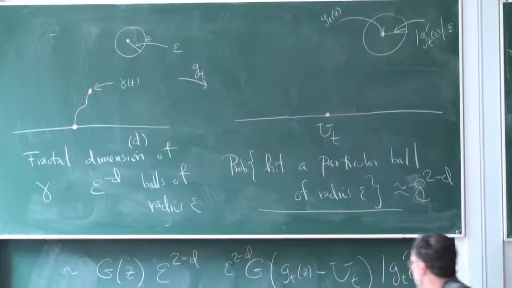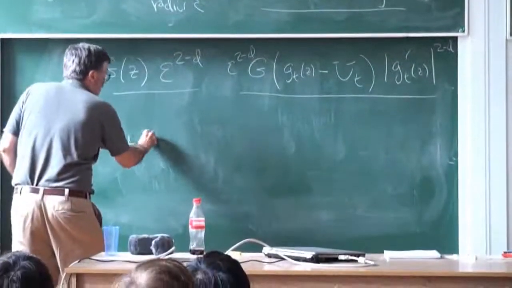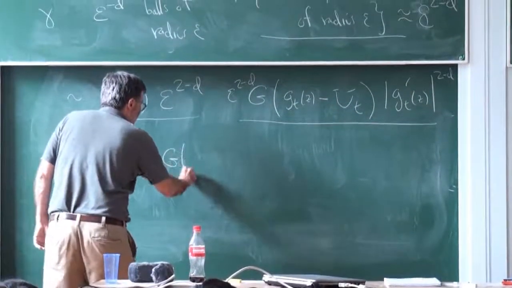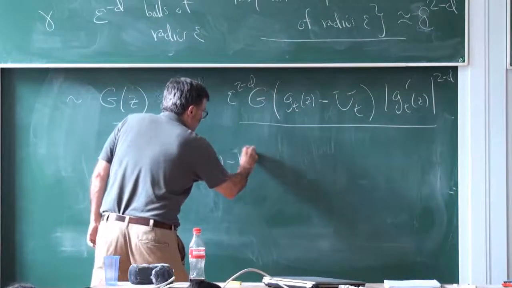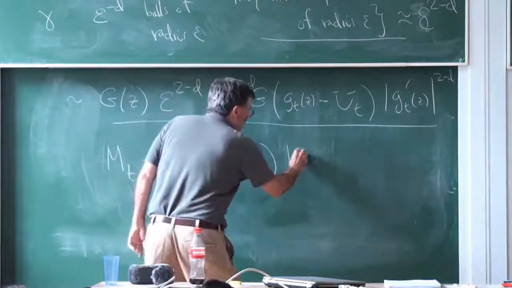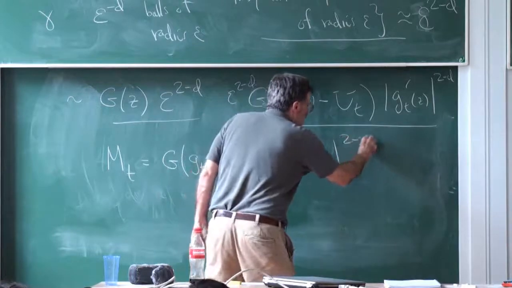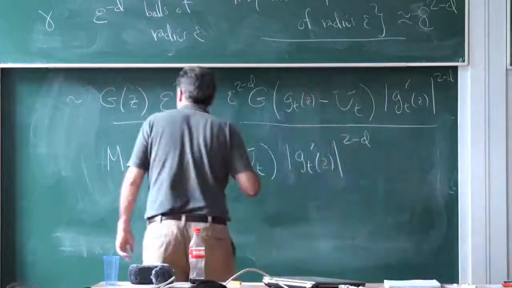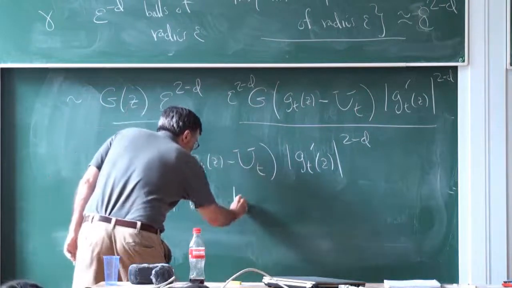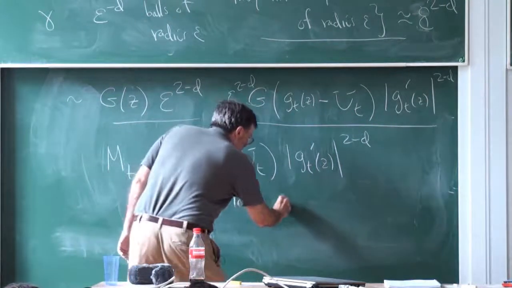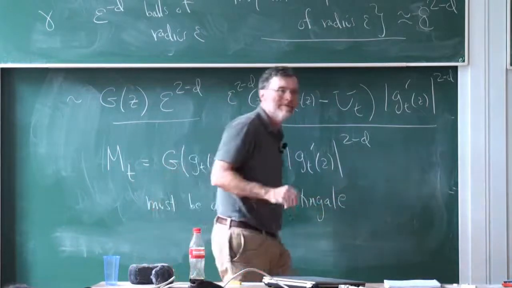But basically, what you end up seeing is that M sub t equals G of g t of z minus u sub t, times g t prime of z to the 2 minus d, must be a local martingale. If you don't know what a local martingale is, but you know what a martingale is, just think martingale for the time being.